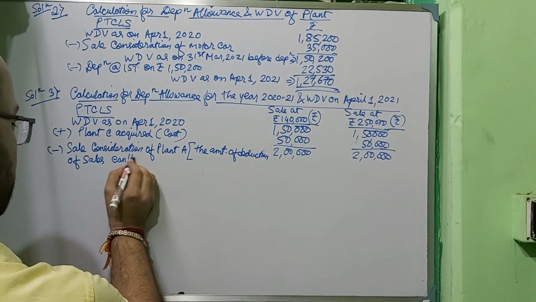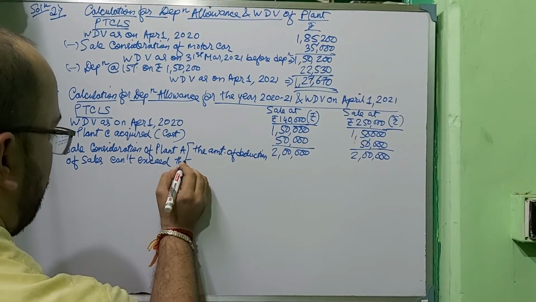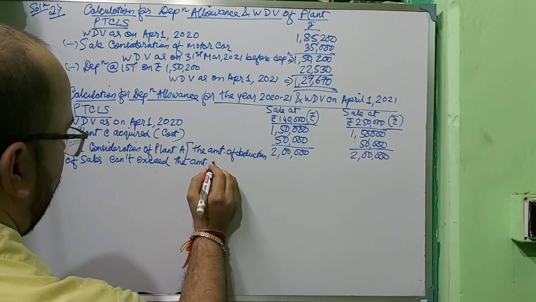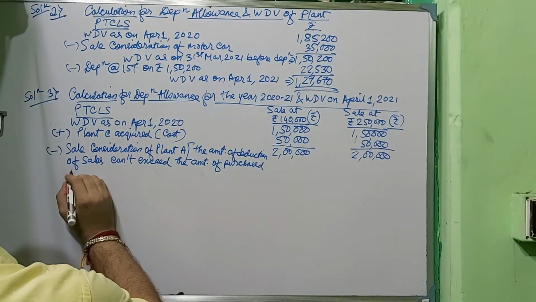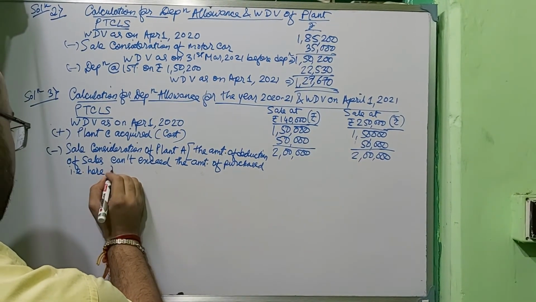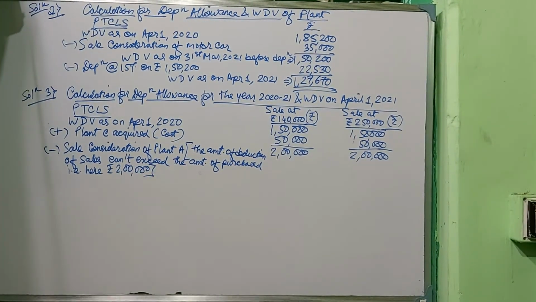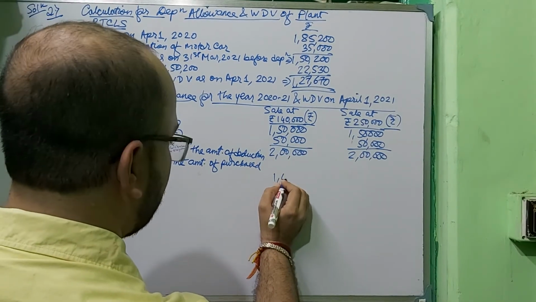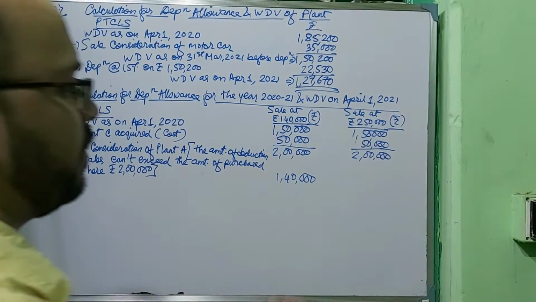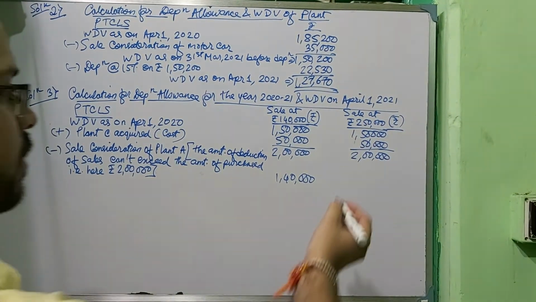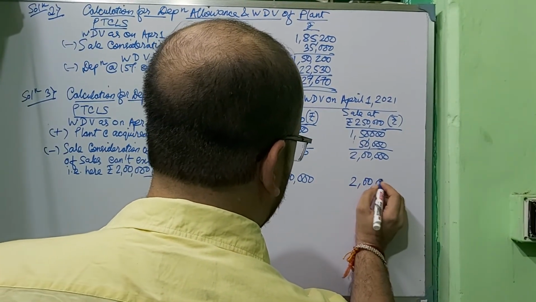It cannot exceed the amount of purchase, that is here rupees 2 lakh. Okay, you need to write that so that you can understand. So here the sale is rupees 1,40,000, no issues, but over here the sale is rupees 2,50,000. It has been also given here, but you cannot make the sale of 2,50,000 because you have a purchase price of 2 lakh. So you will sell a maximum of 2 lakh.